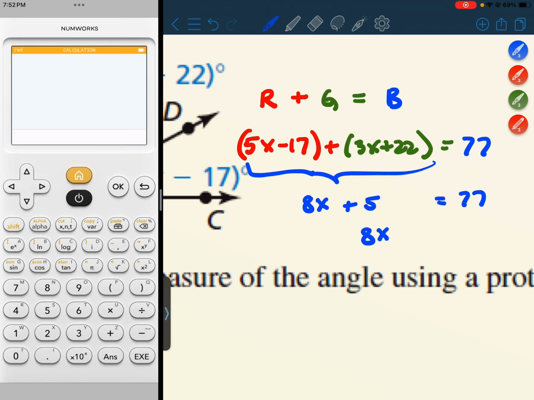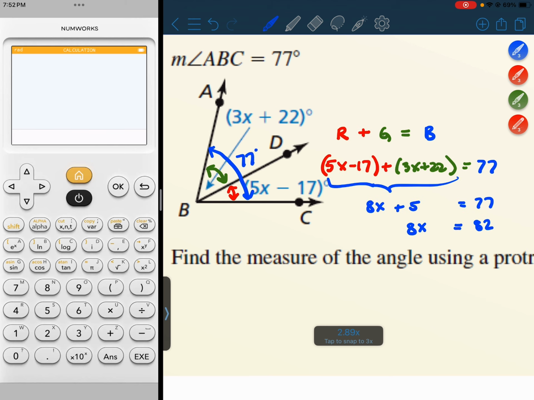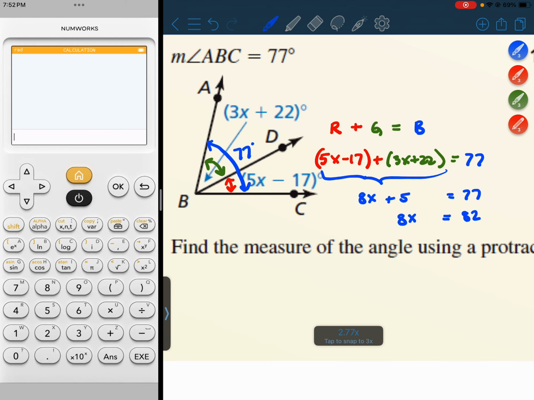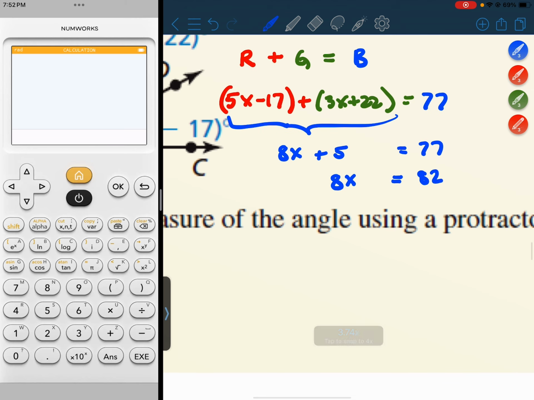So 8x is equal to 82. Then we will divide both sides by 8. So x is equal to 82 divided by 8, 10.25.